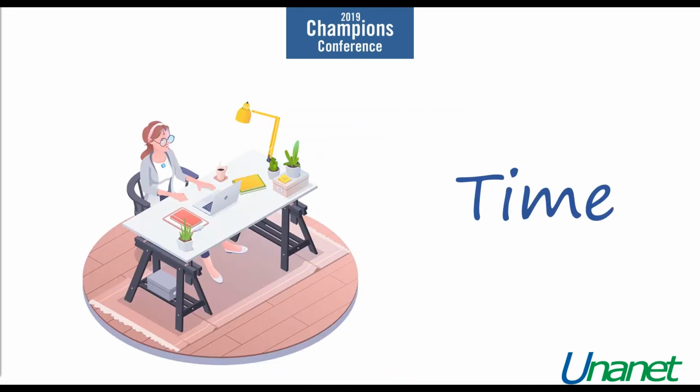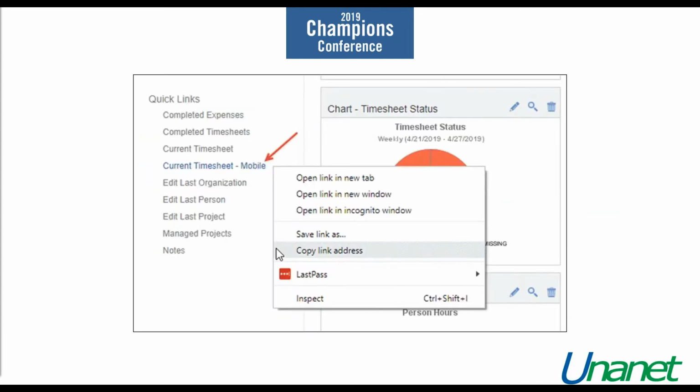All right, on to our time section. Mobile timesheets. I hope everybody's using them. If you're not already using mobile timesheets, you can easily go to the quick links, remember those, on your home dashboard, and you can see the current timesheet mobile, copy that link address, and just email that to yourself and open it up on your phone.